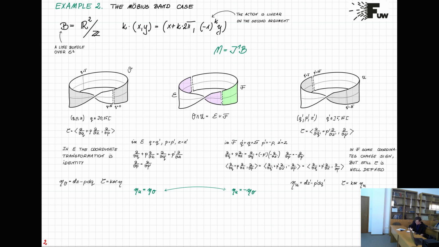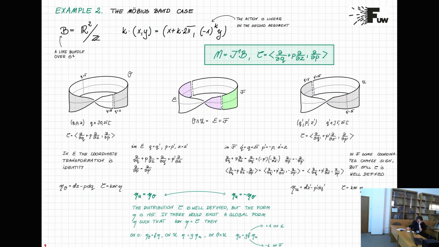Of course, the kernel of one form does not change when we multiply the form by a non-vanishing function. So we can freely play with this form and this form, multiplying them by non-vanishing functions. So now imagine that we have a global one-form that has the same kernel as our local forms eta_O and eta_U.